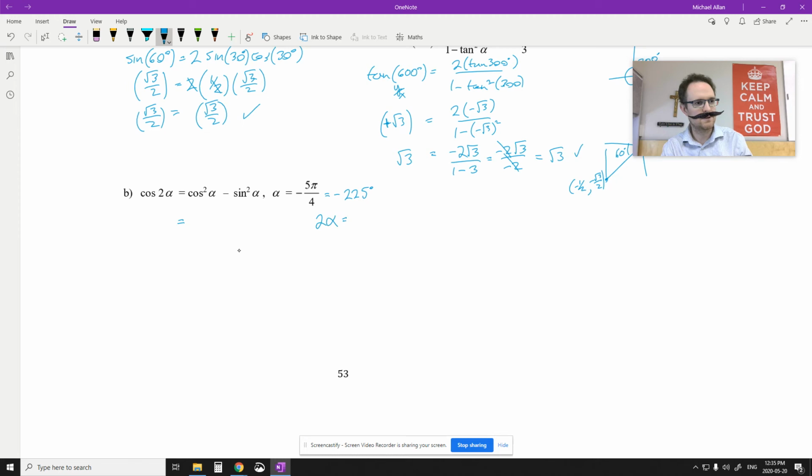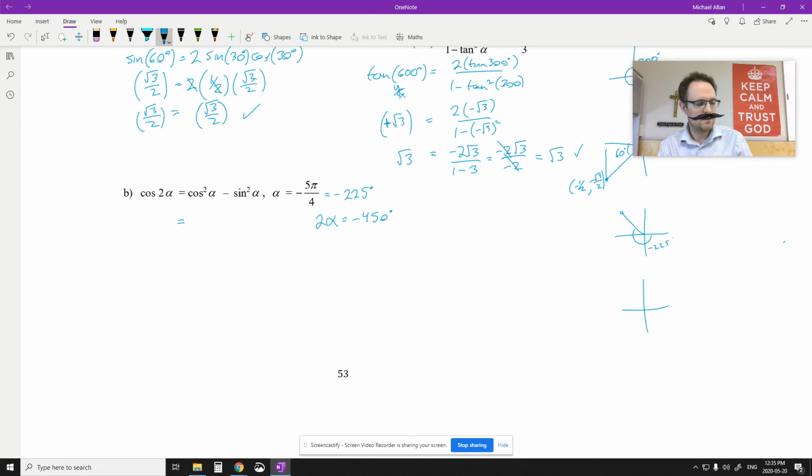Two of those, because I'm going to use that later on, I'm just going to times this by 2, is negative 450. Okay, so I'm going to write those over here so I know which quadrants they are in. So 225 is going to be in this quadrant down here. Oh, negative 225. That's positive. Negative is going to go around backwards, so it's going to be in this quadrant up here actually. So this is negative 225.